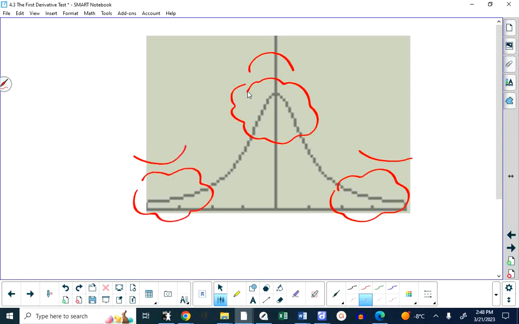It has to change from curving like a bowl that would catch water in the rain, into an umbrella. It's got to change somewhere. There's got to be a point where it does that. That's an inflection point. It's just not on the axis. The second derivative is what you would use to find those positions. There's a relationship here between the second derivative and the graph. Anyway, that's a couple of weeks away.